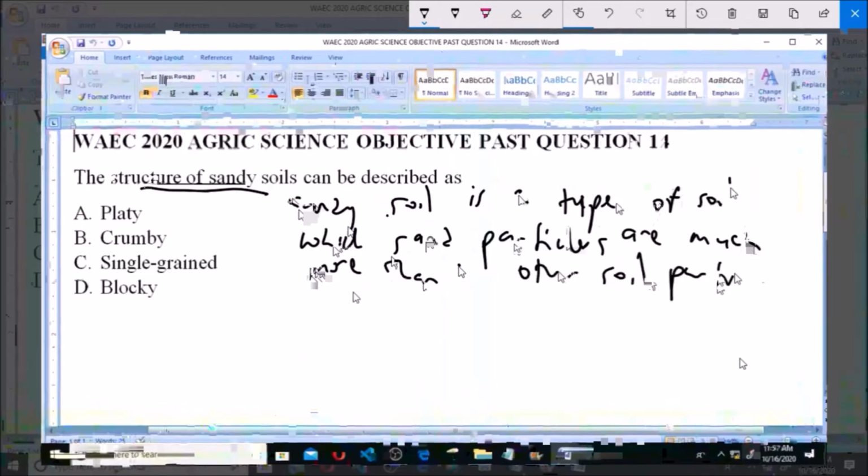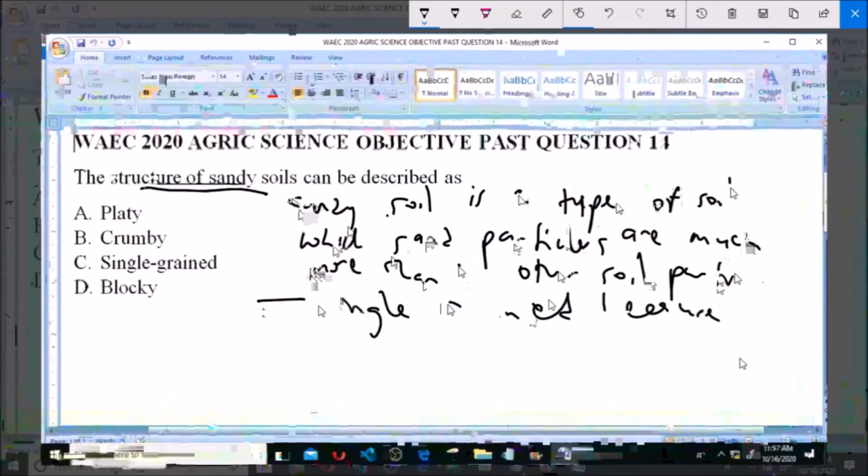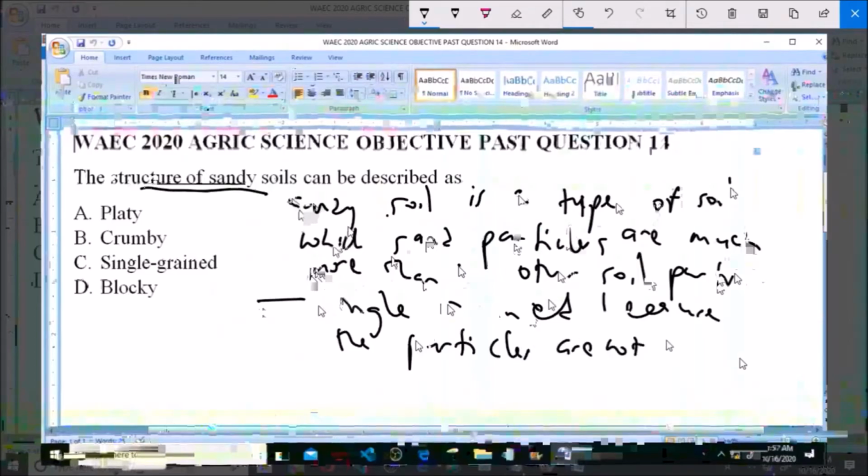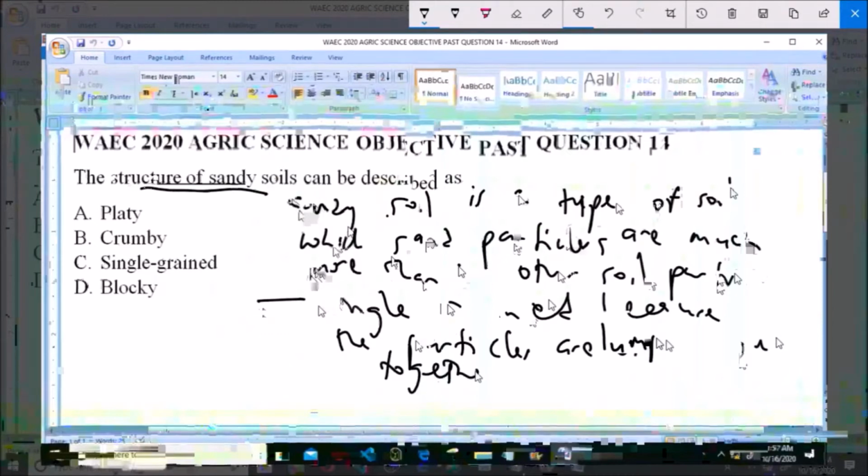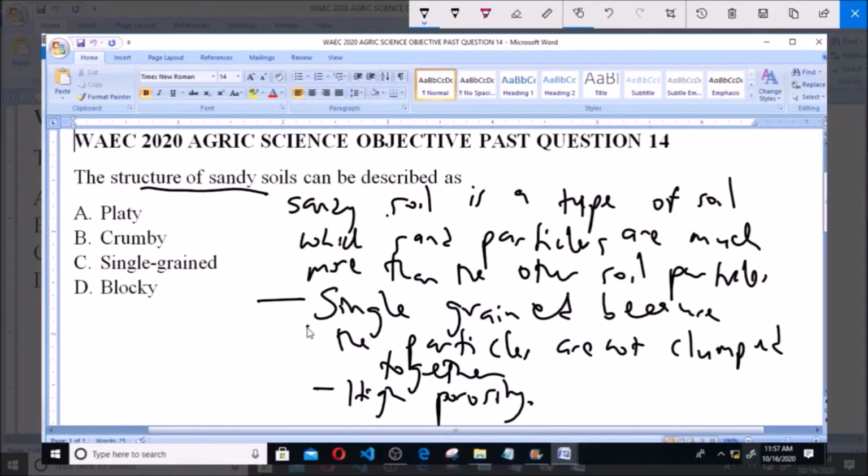Now, in terms of soil structure, the sandy soil particles are described as single-grained in terms of structure, and this is because the particles are not clumped together. So this accounts for the high porosity of the soil and the loosely packed particles of the soil. So we describe the structure of the soil particles as single-grained, and single-grained is option C. So option C is the correct answer to this question.